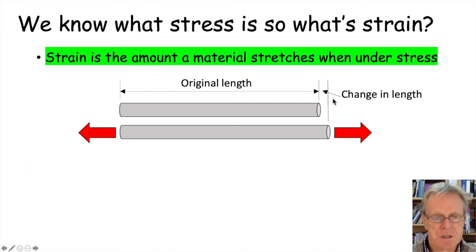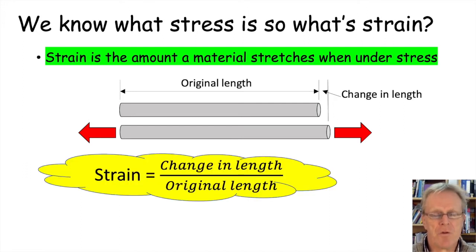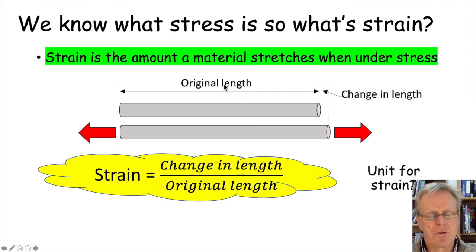So the formula for strain, and again this is on the formula sheet, we'll look at that in a minute, is the change in length over the original length. Now it's very, very important to get this bit right. It's the change in length, that's this little bit here, not the new length. It's the change in length divided by the original length. Now you may think about the units for strain.